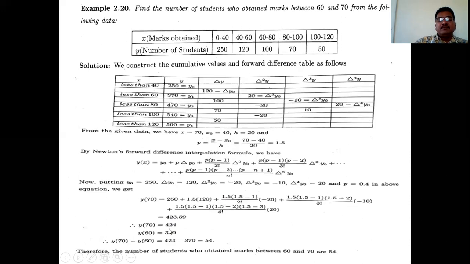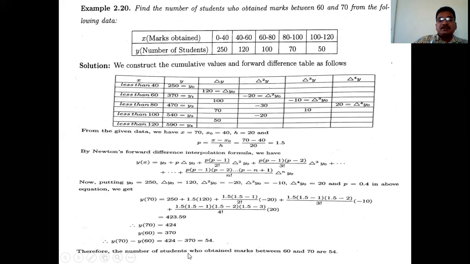So this 424 is the number of students who obtain less than 70 marks. And 370 students obtain less than 60 marks. So f70 minus f60, the number of students who obtain less than 70 marks minus the number who obtain less than 60 marks, is the number of students who obtain marks between 60 to 70, and that answer is 54.